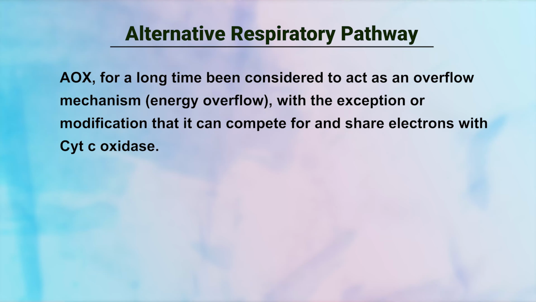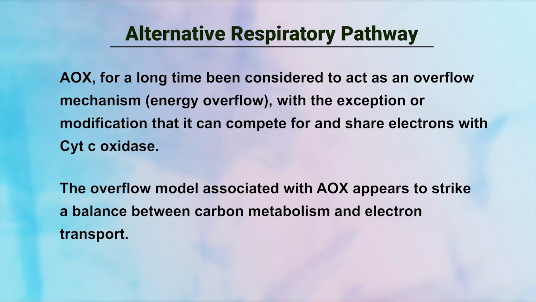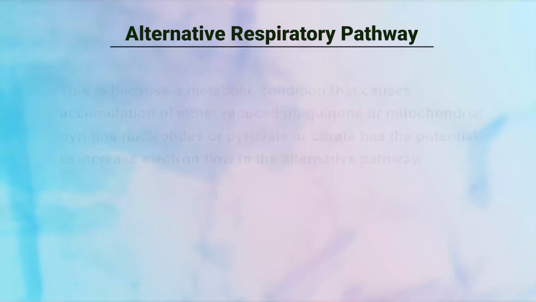AOX for a long time has been considered to act as an overflow mechanism. This is energy overflow, with the exception or modification that it can compete for and share electrons with cytochrome C oxidase. The overflow model associated with AOX appears to strike a balance between carbon metabolism and electron transport.